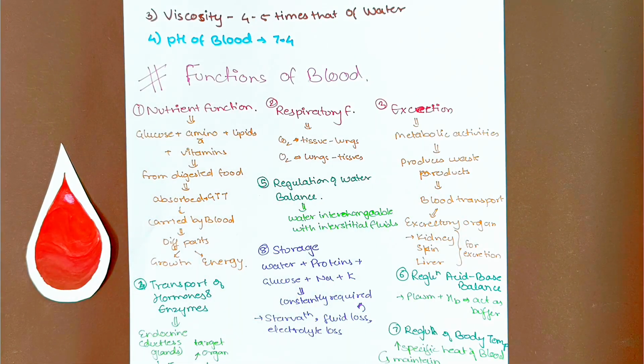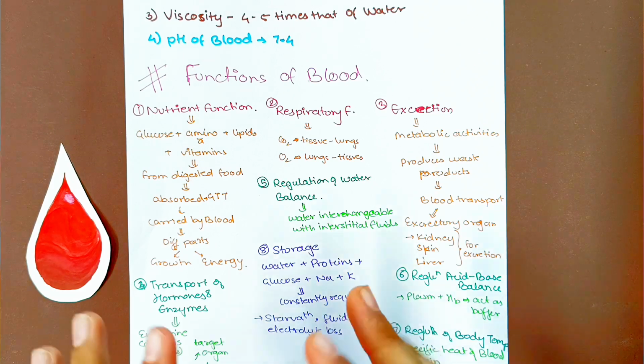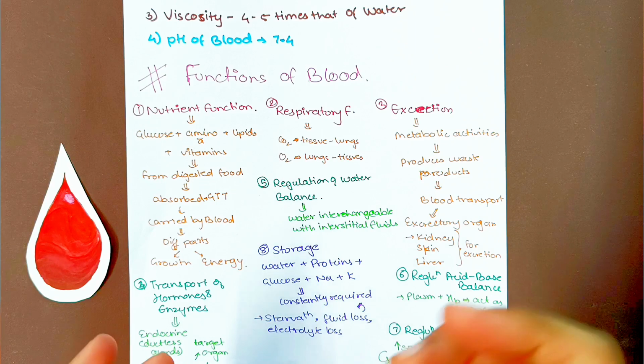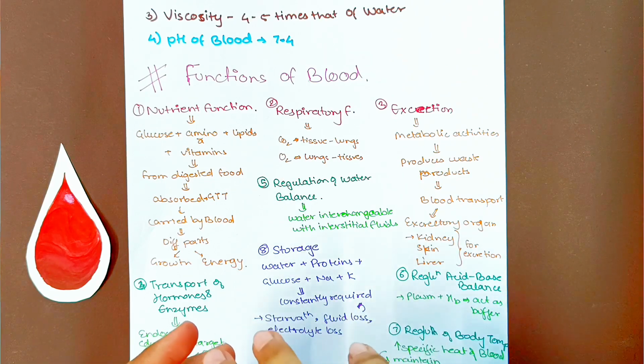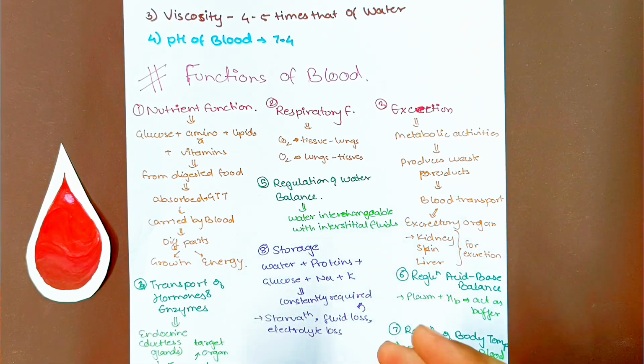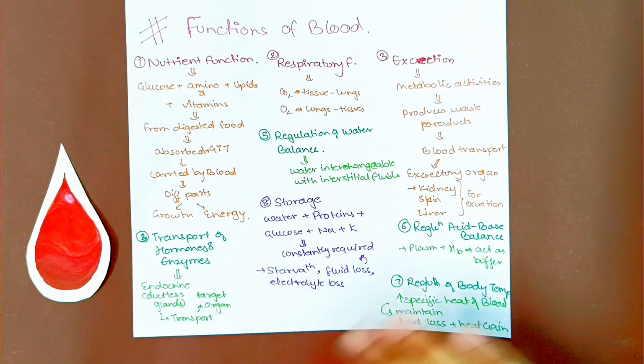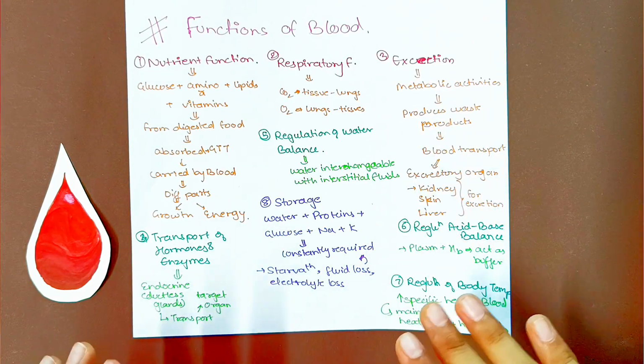What is a buffer? If you add acid or base to a solution, a buffer resists the change in its pH. This is what plasma and hemoglobin do. That's how regulation of acid base balance is done in our blood.